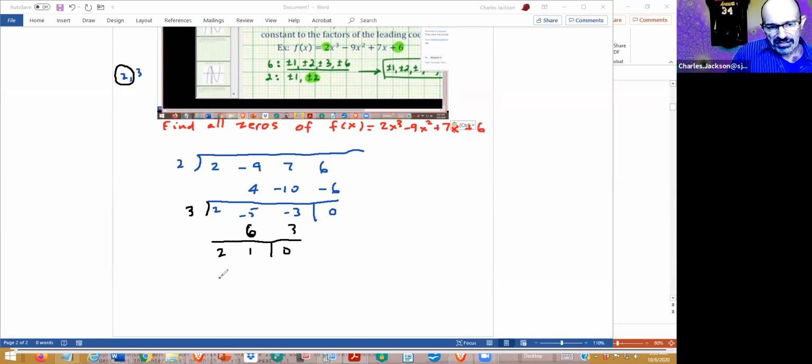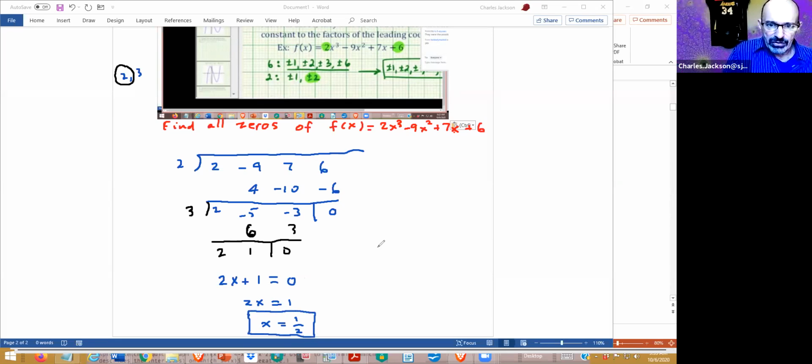Now we'll set this linear thing equal to 0 and solve it to get the last 0. Subtract 1 from both sides, 2x equals 1. Divide both sides by 2, x equals 1/2. And that's going to be our third and final rational 0.